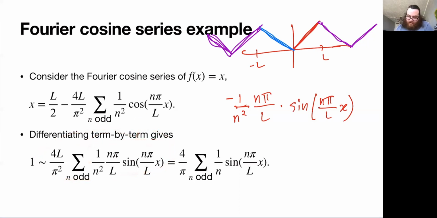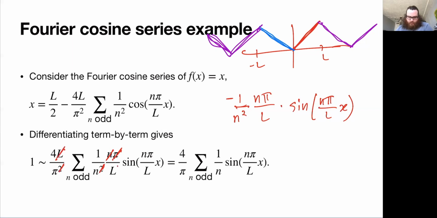And so let's see what cancellation we have. This n is going to cancel with one of those powers of n. This pi is going to cancel with one of the powers of pi out there.